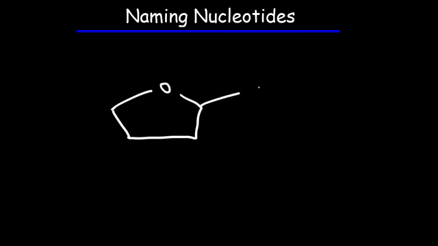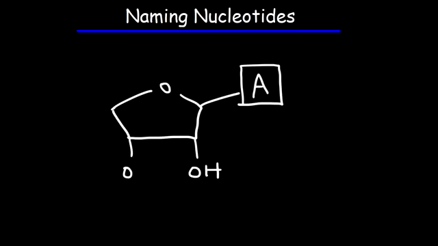So this time, the nitrogenous base that we're going to use is adenine. And the phosphate group is going to be placed in a different position. So you can also see phosphate represented this way. So how can we name this particular nucleotide?